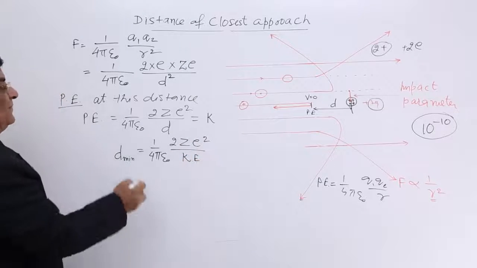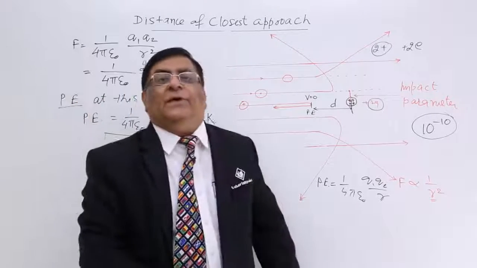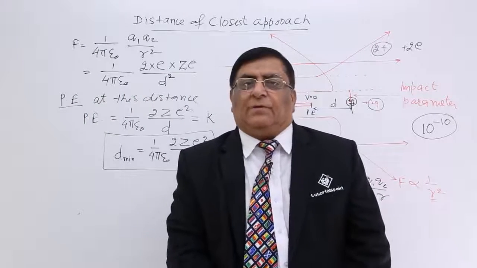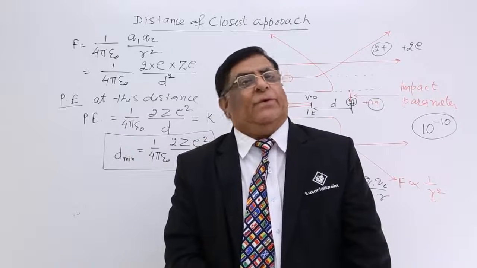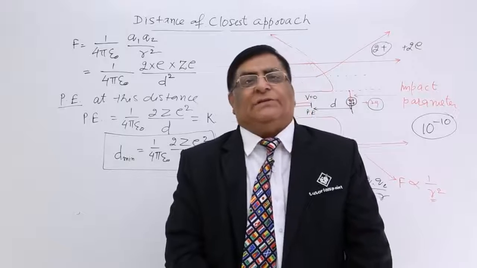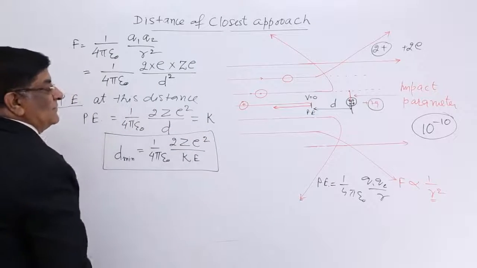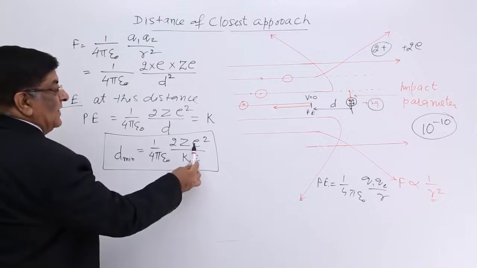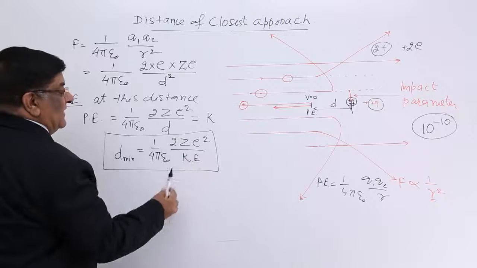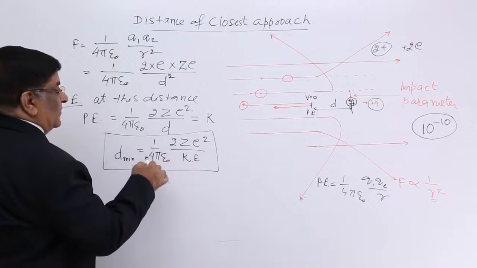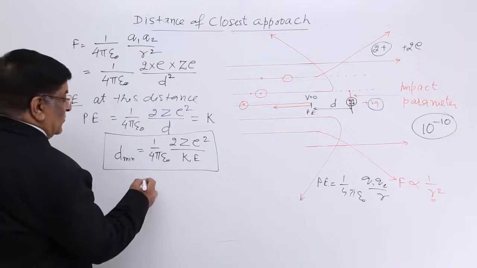Now kinetic energy of the alpha particle is a known quantity to us, because when it leaves the radioactive particle, at that time we measure it and we know this value. Charge on electron is known to us. Value of Z for gold is 79, and 1 upon 4 pi epsilon naught is 9 into 10 to the power 9, that is also known to us.